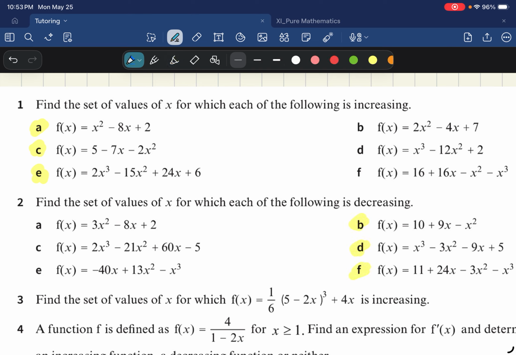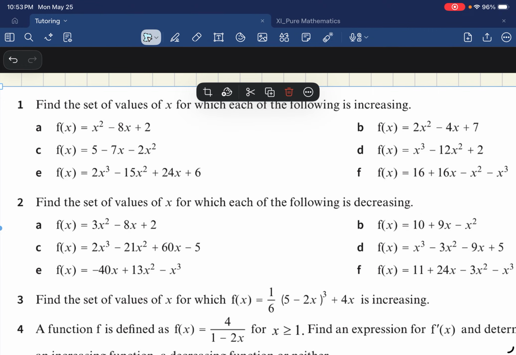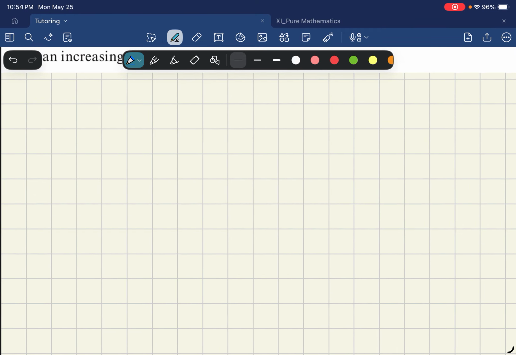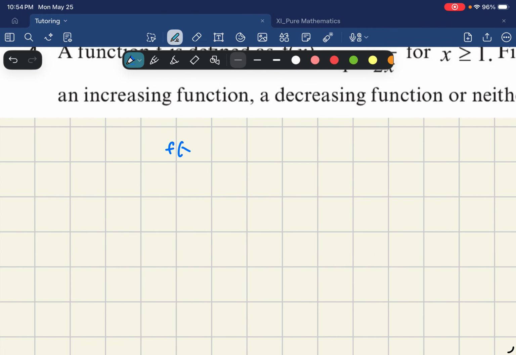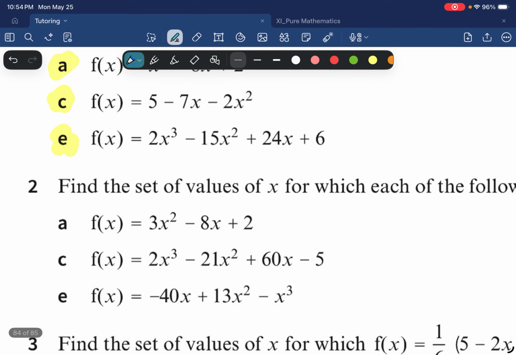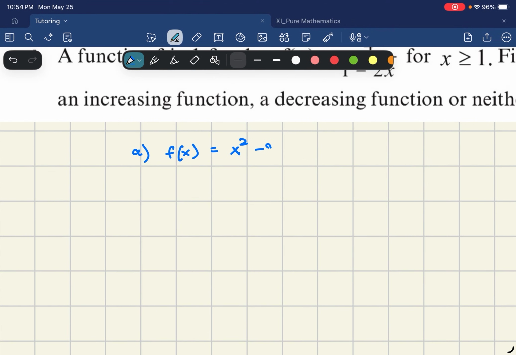Alright, so we want to find where the function is increasing. That means dy by dx, or f dash of x, is bigger than 0, right? So f of x, that is A, is equal to x squared minus 8x plus 2, right?